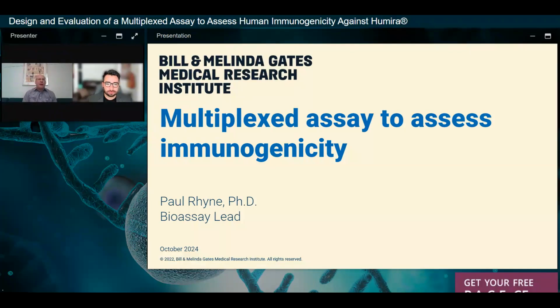So we figured that if you could multiplex some of these steps or combine them into one assay, that's going to save time and sample and make your sample analysis more efficient. And we've talked about this, and there's other similar assays that will use what we did in this Luminex approach. So we knew that this would work. So we put this paper together as an example of how to multiplex this.